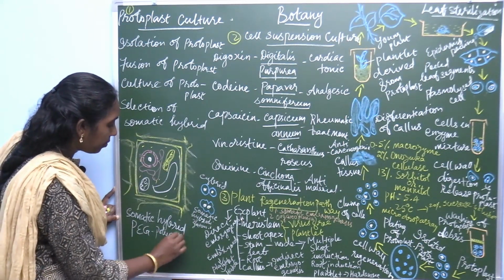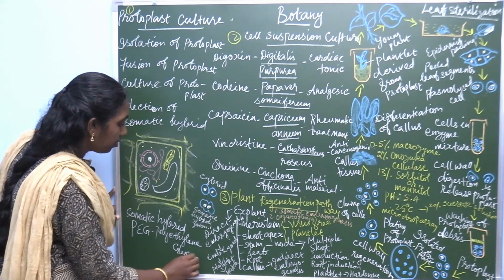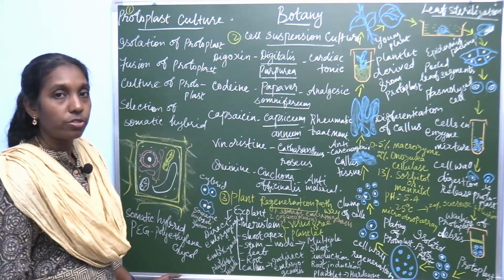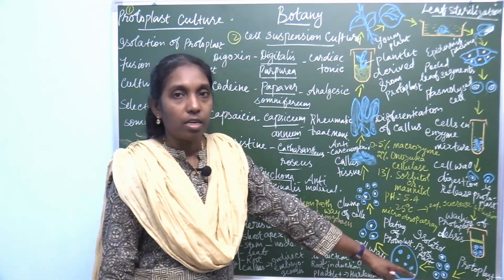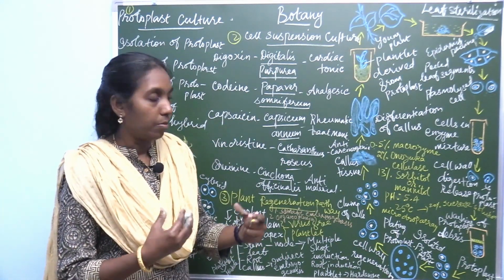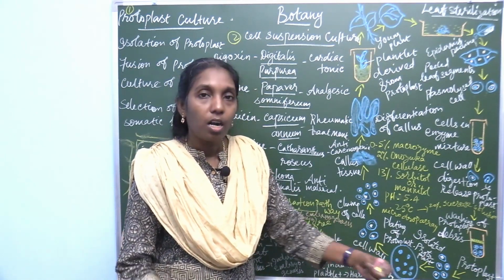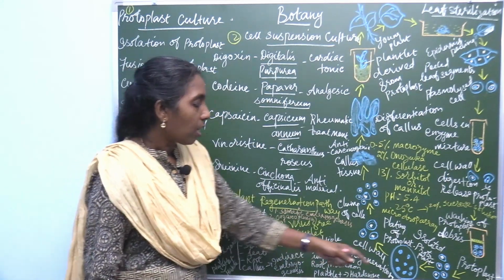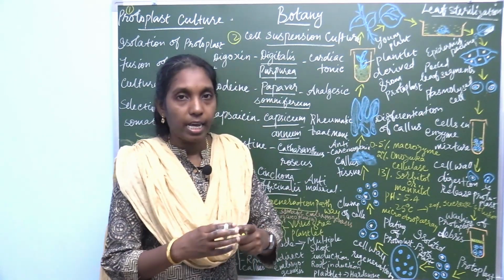polyethylene glycol is the normal fusogenic agent. When you treat the protoplasts with 25 to 30% polyethylene glycol along with Ca++ ions, fusion takes place.